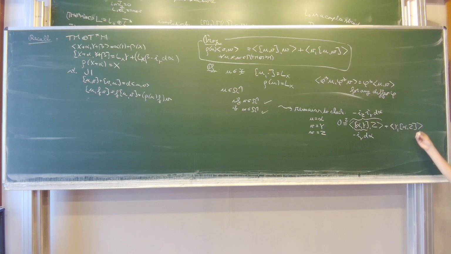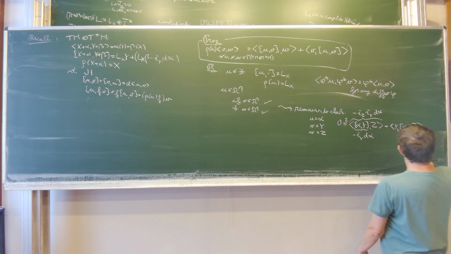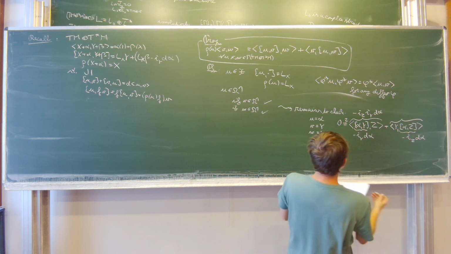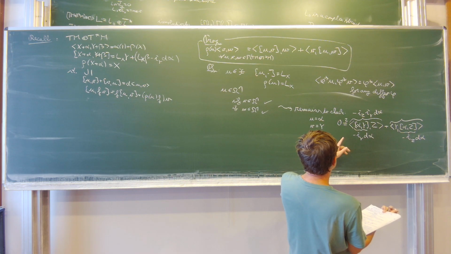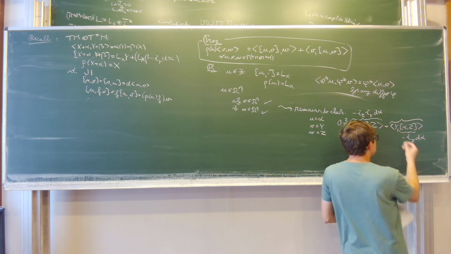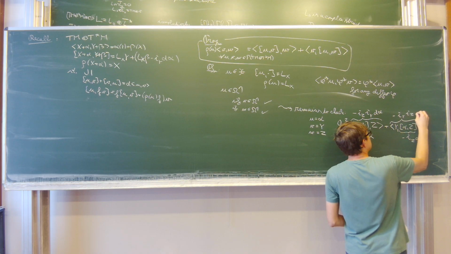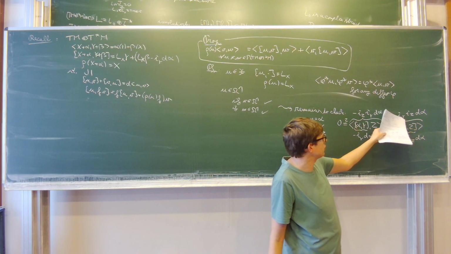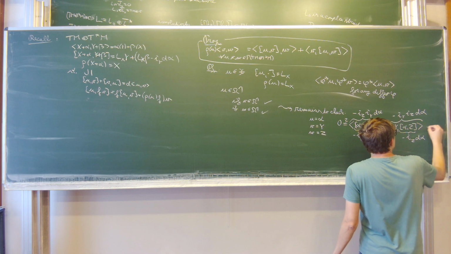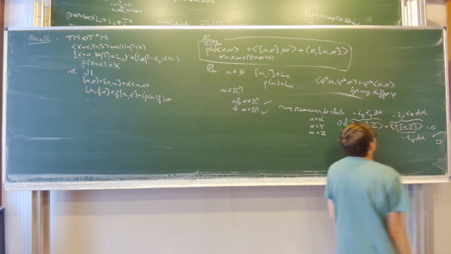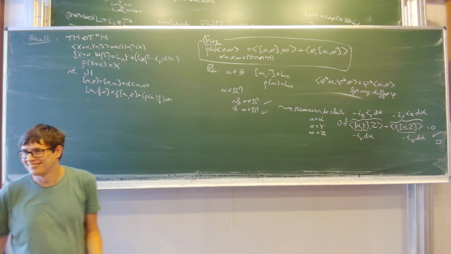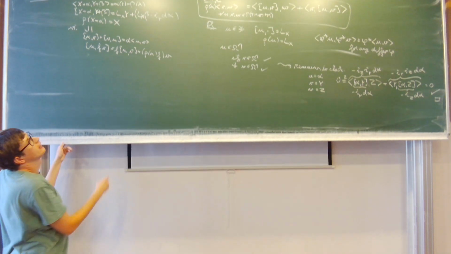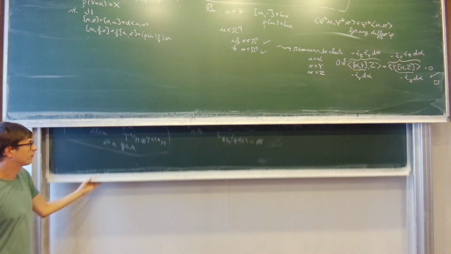And the thing here is precisely the same, but with z and y exchanged, so this is minus i_y i_z d alpha. The sum of these two things is 0 because here I have insertion of z, y, and here I have insertion of y, z. So this is 0. So the pairing is invariant.